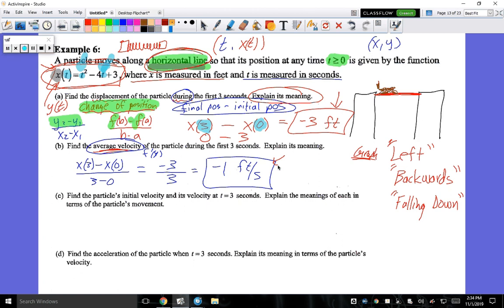C. Find the particle's initial velocity and its velocity at time is 3. What do I do? Real quick, what would I do? So I'll get the derivative of x, let's derive x of t. Because when I derive x of t, what am I looking at? I'm looking at the velocity.